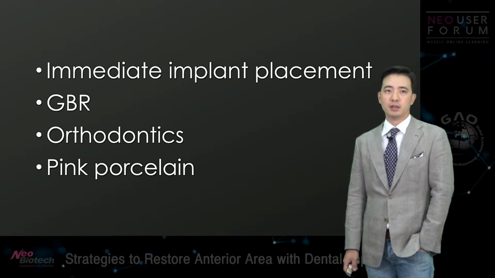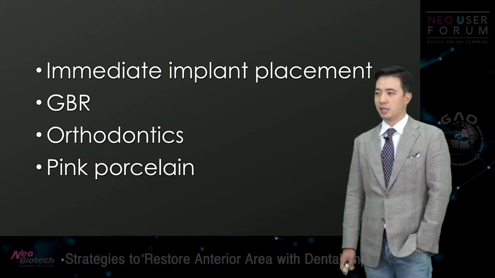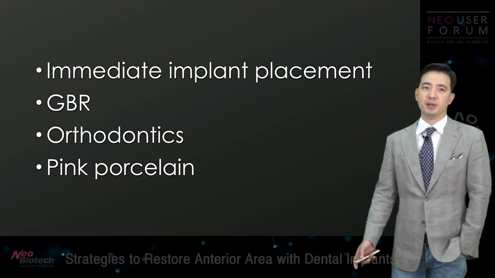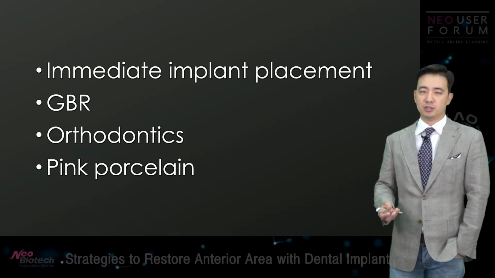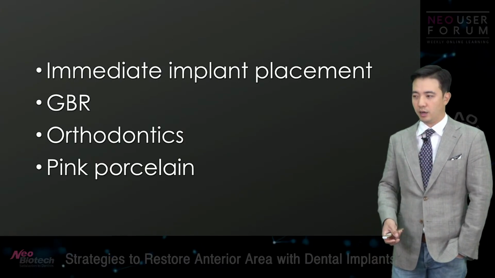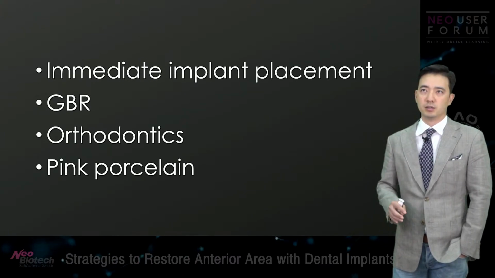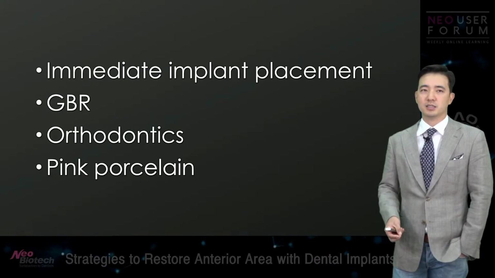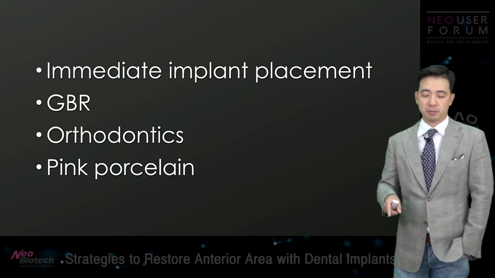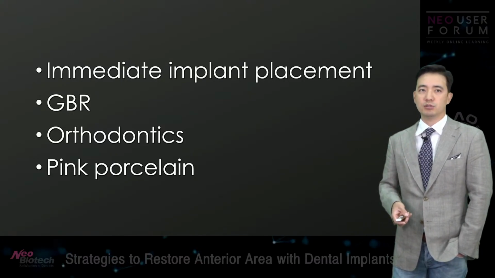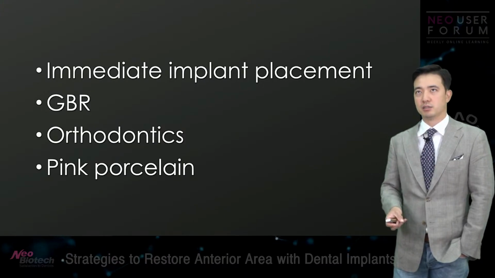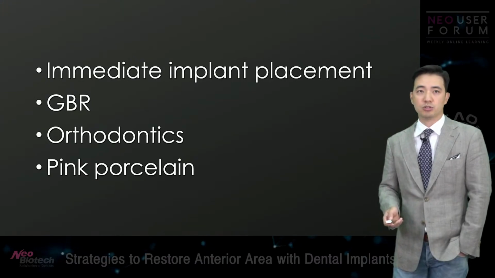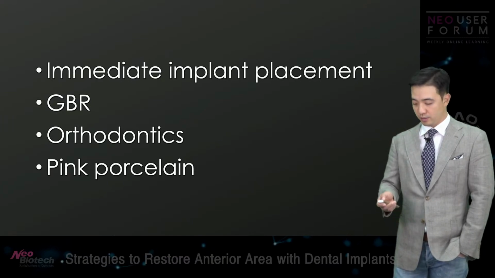I think it's not the end of the world if you don't have a nice natural papilla, because if the prosthesis is hygienically made and maintainable, I think it's even better to have nice papilla-shaped pink porcelain than to have a really big black triangle with a very long clinical crown. So it's another really good option, and I'm going to show you some of my cases along this presentation.